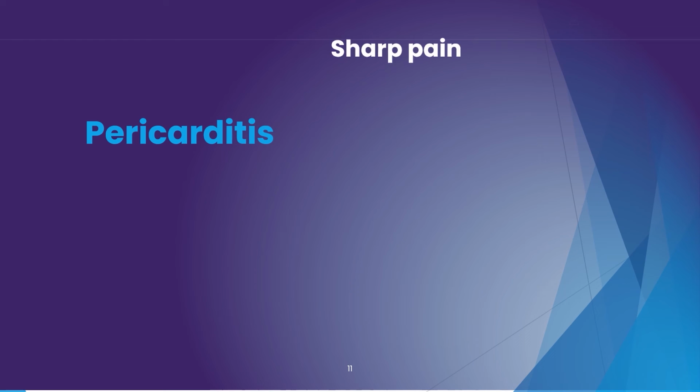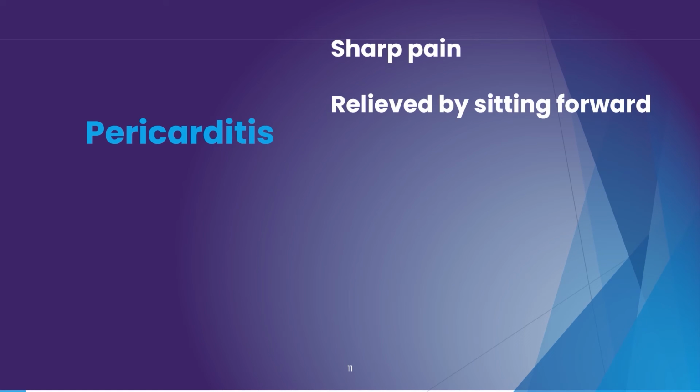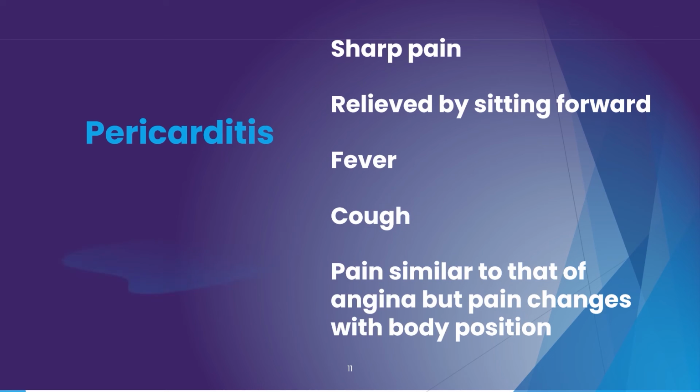Usually a sharp pain is there and relieved by sitting forward, and patient can have fever and cough. So here the pain is similar to that of angina, but keep in mind that in pericarditis the pain changes with body position. So that's how a patient explains to you.